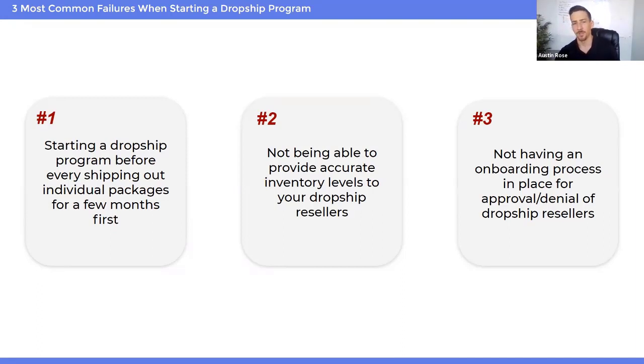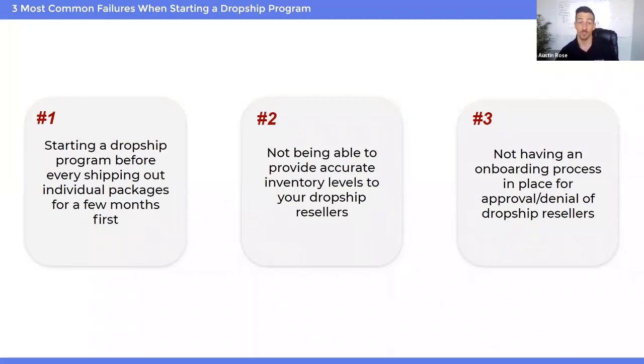Number 3, and another very big one, is not having an onboarding process in place for approval, denial, and just communication with your resellers. We've seen 5 to 10 to hundreds of resellers just signing up for dropship programs, trying to get more products added, trying to sell more products, trying to make more money.